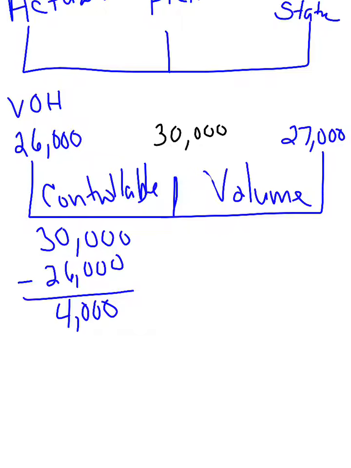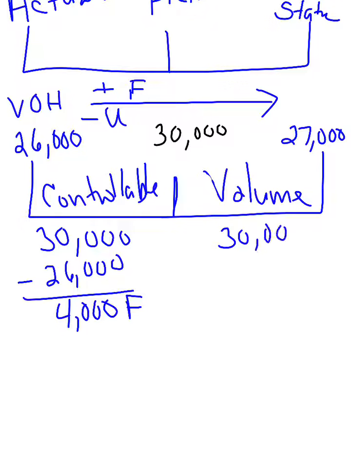In this case, we did spend less money than we thought we were going to spend, and so this would be a favorable variance. The other way to look at favorable or unfavorable, as we go across here, is that if the number increases, then it's favorable. If the number decreases, it's unfavorable. The next one, I have 30,000 and 27,000, so I'm going to have a variance of 3,000.